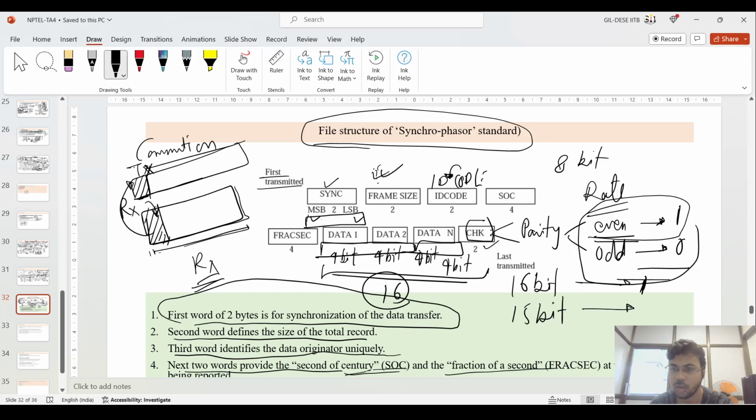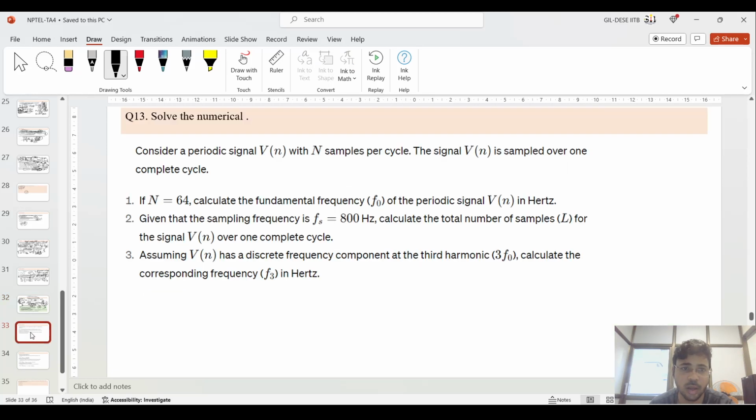Suppose it is 16-bit data, it is even, so it will be acknowledged as 1. If you got only 15 bits and one data bit is lost, then you get 0. It means that the transmitter should send this data again to get the 16 bits, because the receiver has not correctly received the transmitted data. So this is the file structure of the synchrophasor standard.